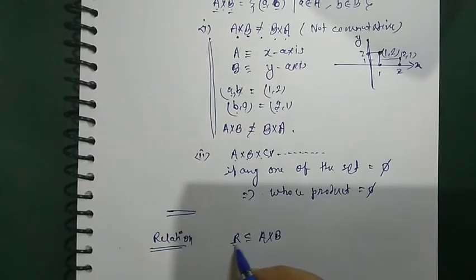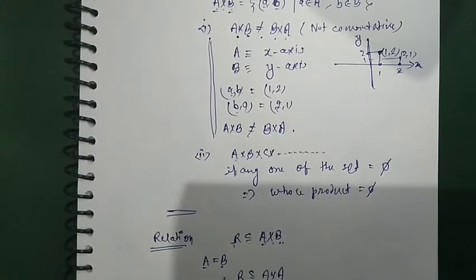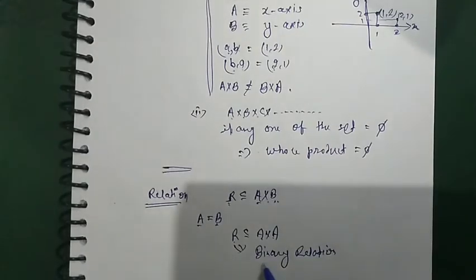If R is any subset of A cross B, then we can easily say that R is a relation from A to B. If both these sets are equal, then the relation, which is a subset of the cross product A cross A, will be called a binary relation. This is called a binary relation.